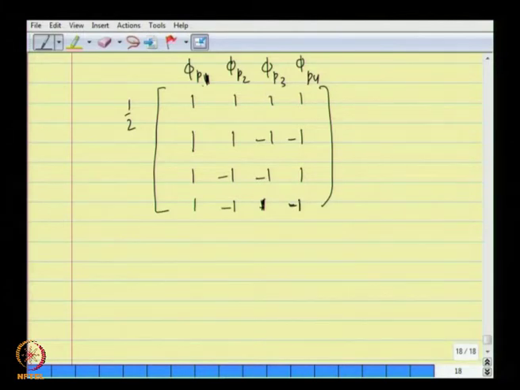Now you saw that it is all 1 by 2 multiplied, so this is also a possible way of writing the molecular orbitals of cyclobutadiene with the contributions of phi p1, phi p2, etc. The eigenfunctions in this case, because of the degeneracy, can be represented in multiple ways. Okay.